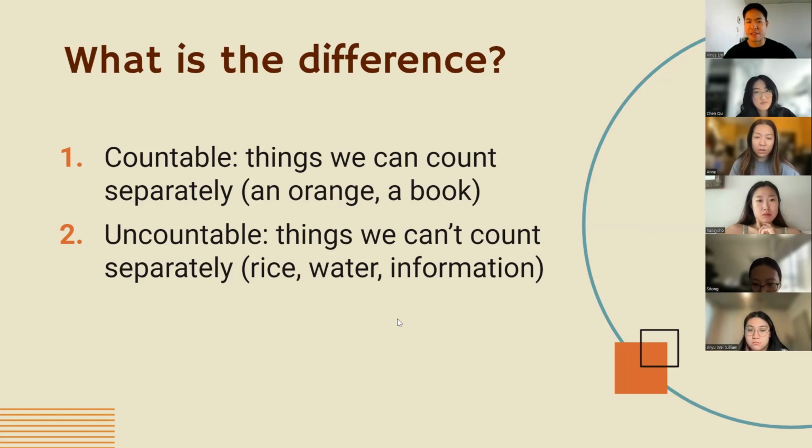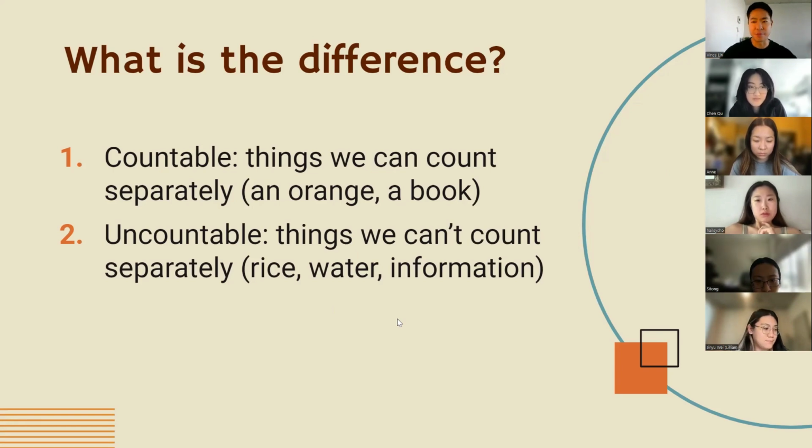What are other things that are countable? A banana, right? Bananas are countable. What else? Give me one more example. A pen. Yeah, good job, Lillian. So a pen is also countable, right? Good job.